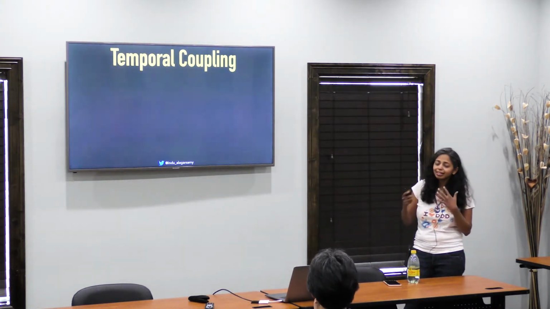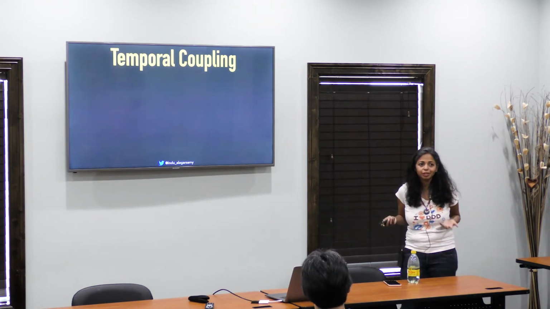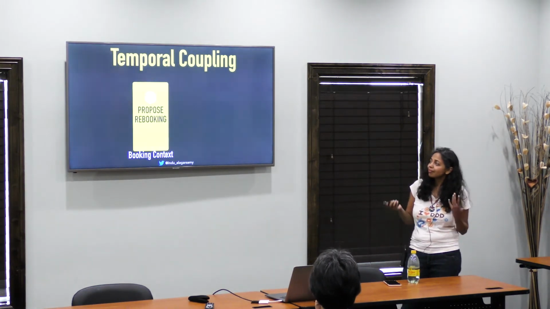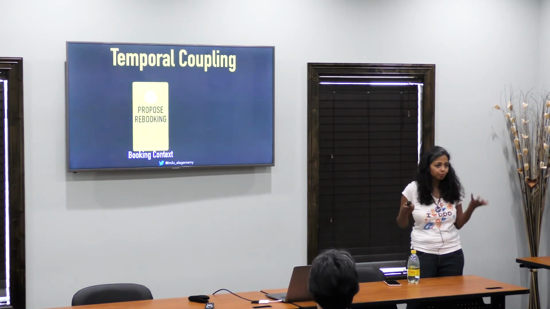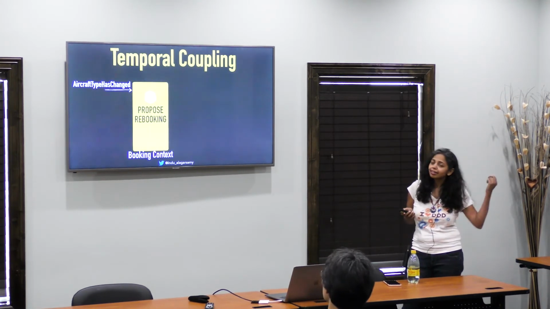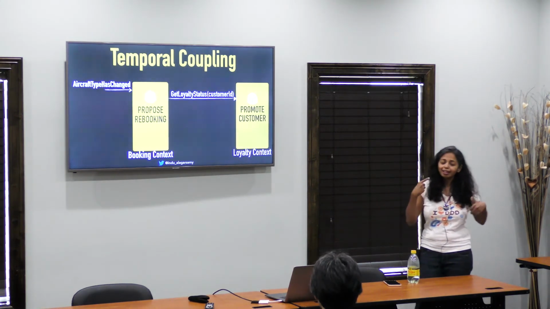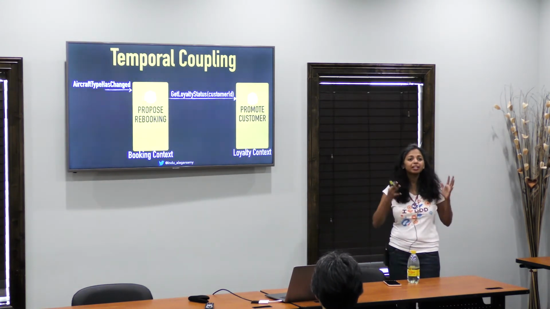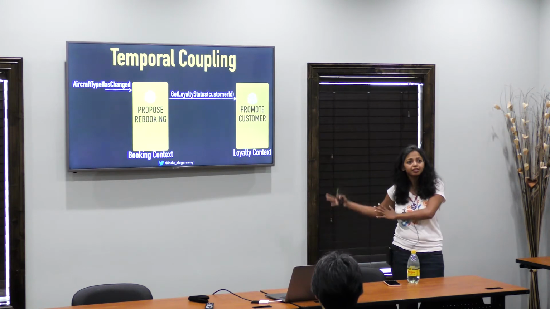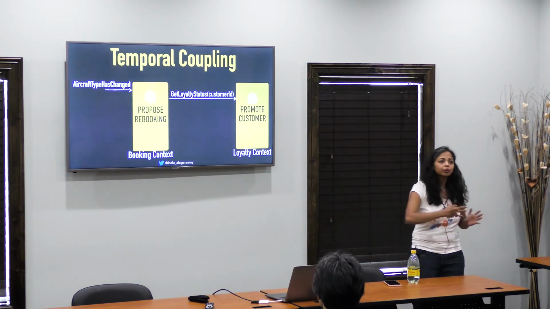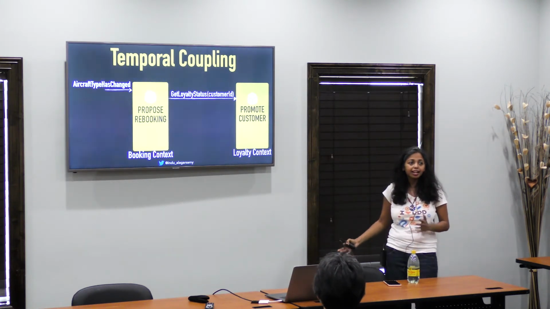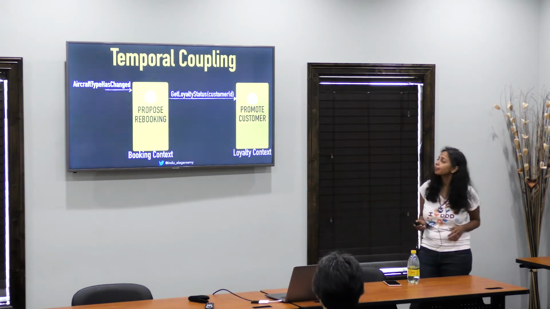So that brings up this interesting concept of temporal coupling. You have this thing that needs to propose rebooking, and it receives this aircraft type changed event. Now, our classic way would be, hey, we need this data from the loyalty context. So we're going to ask it, hey, give me this information.